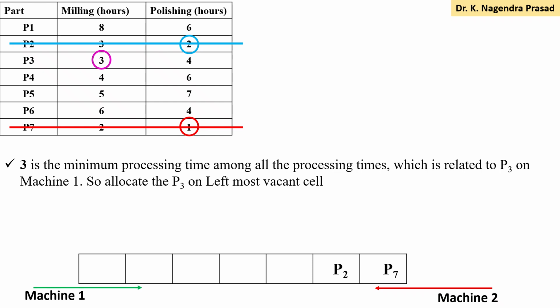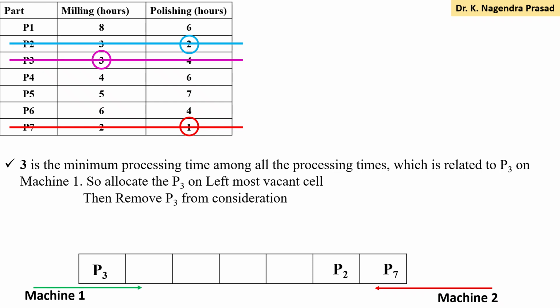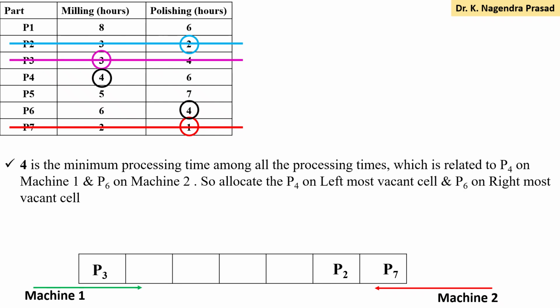Next, 3 is the minimum processing time among all the processing times, which is related to part 3 on machine 1. So I have to allocate part 3 to the leftmost vacant cell. Then remove part 3 from consideration. Next, 4 is the minimum processing time, which is related to part 4 on machine 1 and part 6 on machine 2.